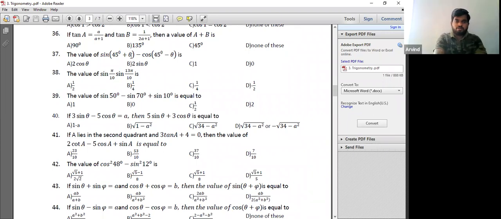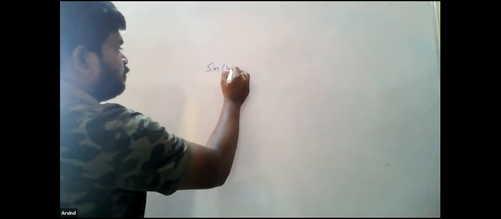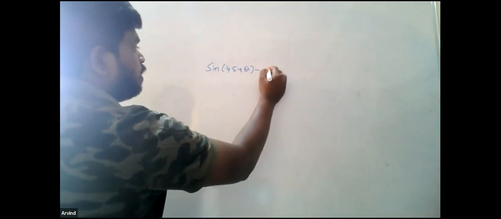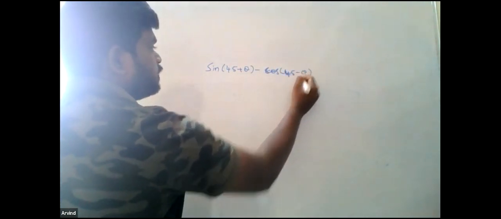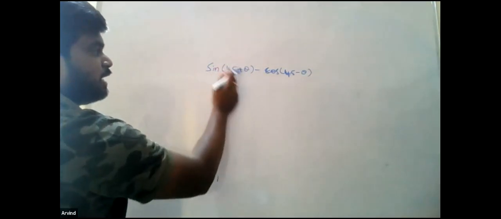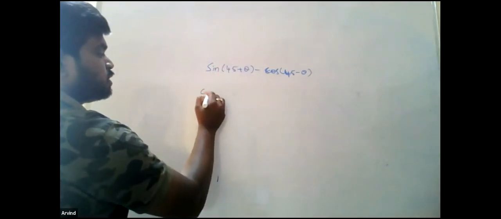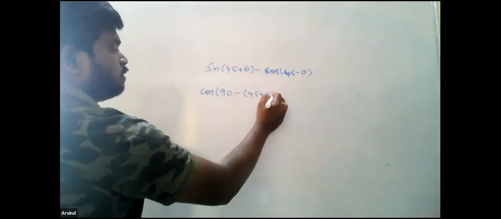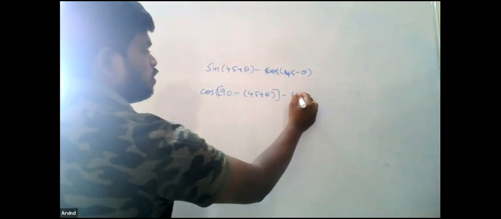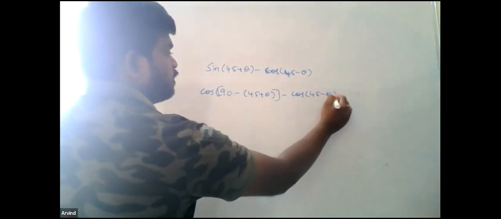So there, sine 45 plus theta is given, sine theta can be written as what? Cos of 90 minus theta, that is what we have to take. So it's very easy. Sine 45 plus theta minus cos 45 minus theta is what we have. So sine of this entire thing, 45 plus theta, can be written as cos of 90 minus 45 plus theta, minus cos 45 minus theta.